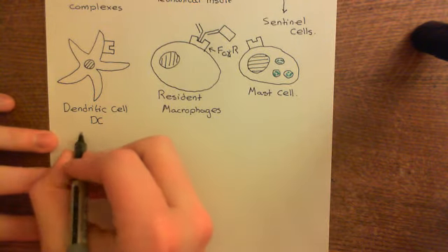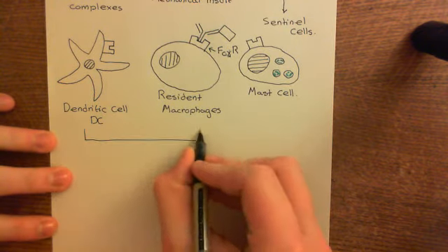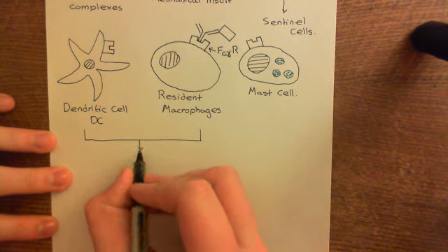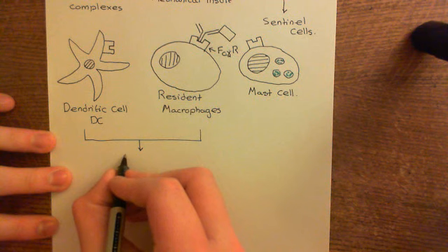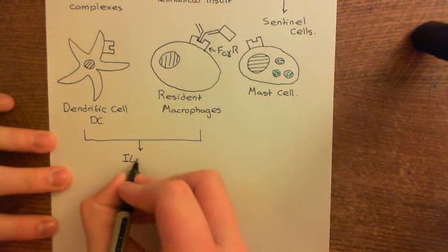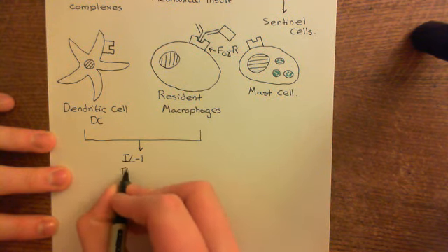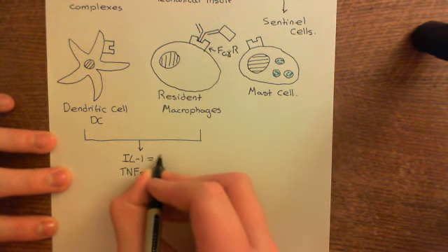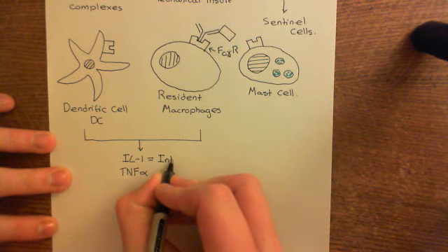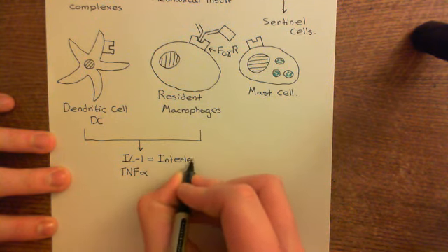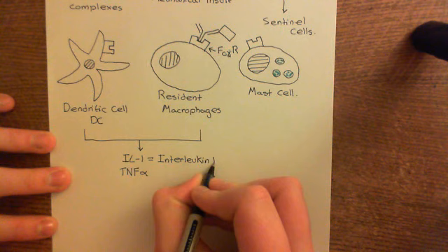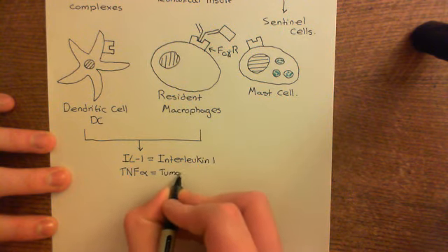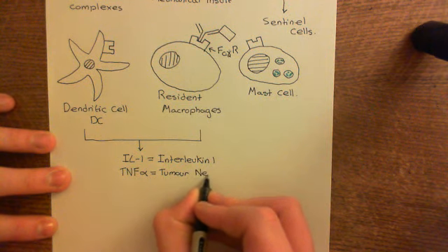What's going to happen is these dendritic cells and resident macrophages are going to start secreting interleukin-1 and tumor necrosis factor alpha, and these are so important that I should probably write out their names in full at least once. So IL-1 is short for interleukin 1, and TNF alpha is short for tumor necrosis factor alpha.